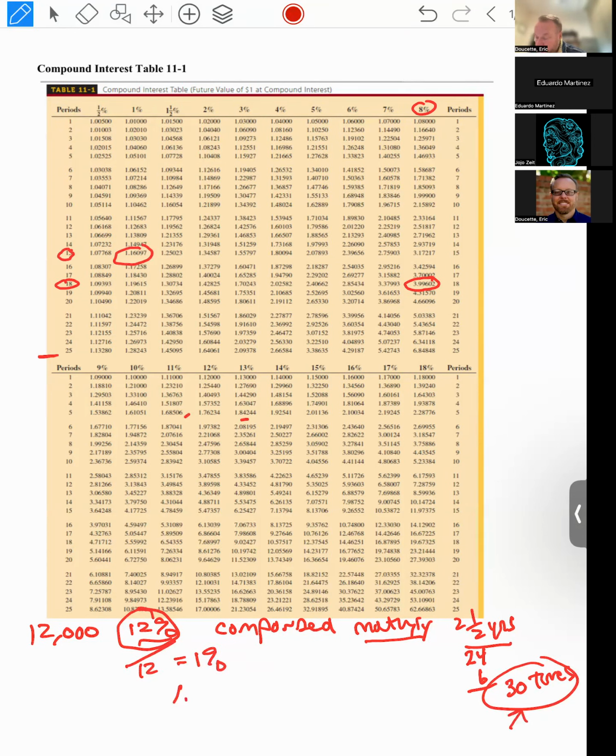1.16097. And you multiply it 2 times because that makes up the 30. So if you multiply those two together, you get 1.34778513. This is now my new table factor.